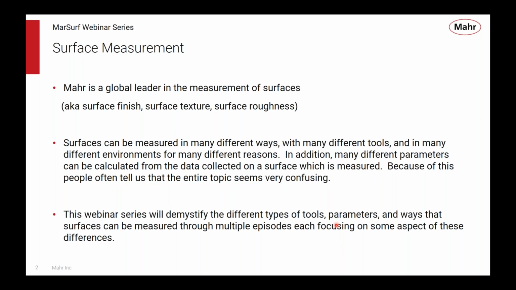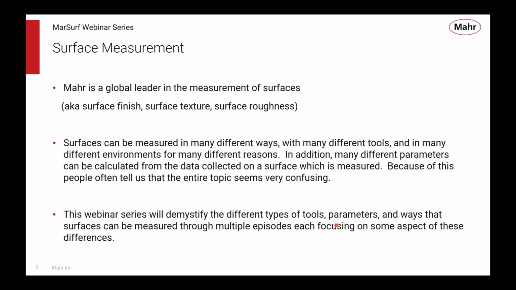Our customers often tell us this is quite confusing, because there are so many different ways to do it, so many parameters and so many tools. Some have advantages and disadvantages, and some can measure certain parameters and not others. For all of those reasons, people frequently tell us it's a confusing topic.